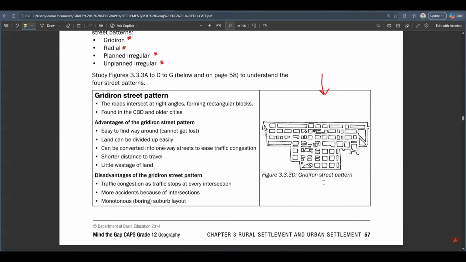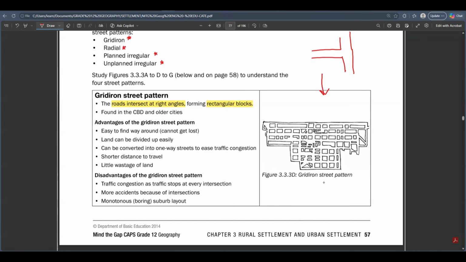Basically, in a gridiron street pattern, the roads intersect at right angles, forming rectangular blocks. So you have your roads, and when they intersect, they intersect at angles of 90 degrees, or right angles, something like this.